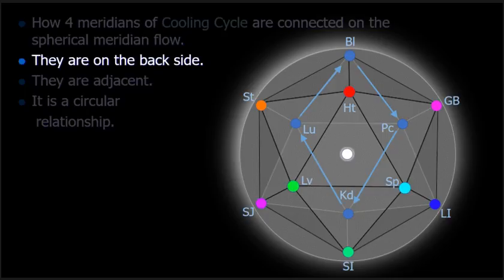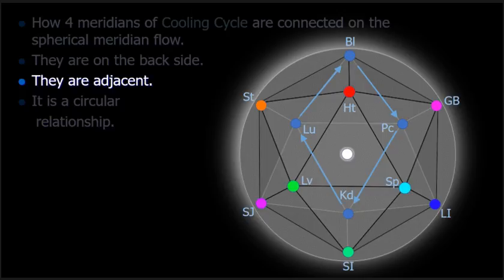You see there the blue meridians and the blue arrows form a circular pattern from the bladder to the pericardium to the kidney to the lung and back up to the bladder. When qi concentrates in that area on the back side of the sphere, you get coldness. Now all of these meridians are adjacent, and they form this circular relationship where the qi concentrates in that area to produce their meridian effects.